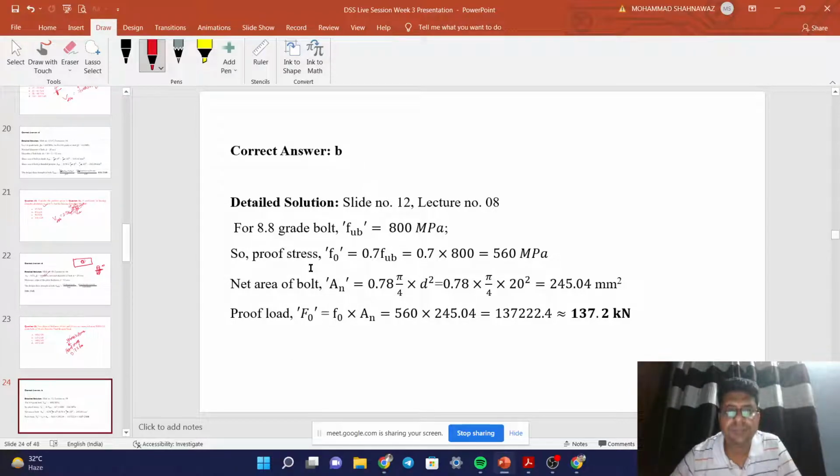We are using 8.8 grade bolts, and for 8.8 grade bolts fub is equal to 800 megapascal. So 0.7 into 800 is 560.